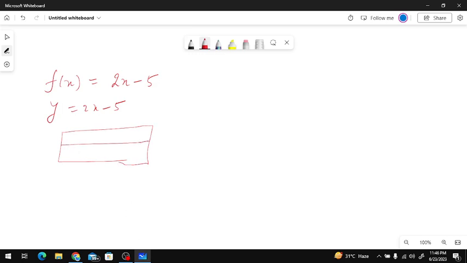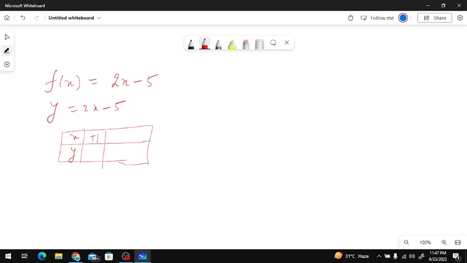This one can represent x, another can represent y, and you can take a minus 1 value of x, then it becomes minus 7.